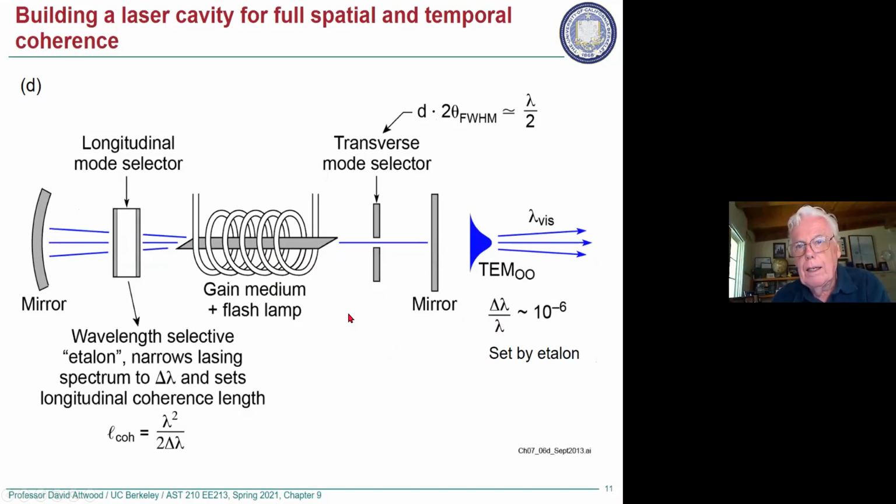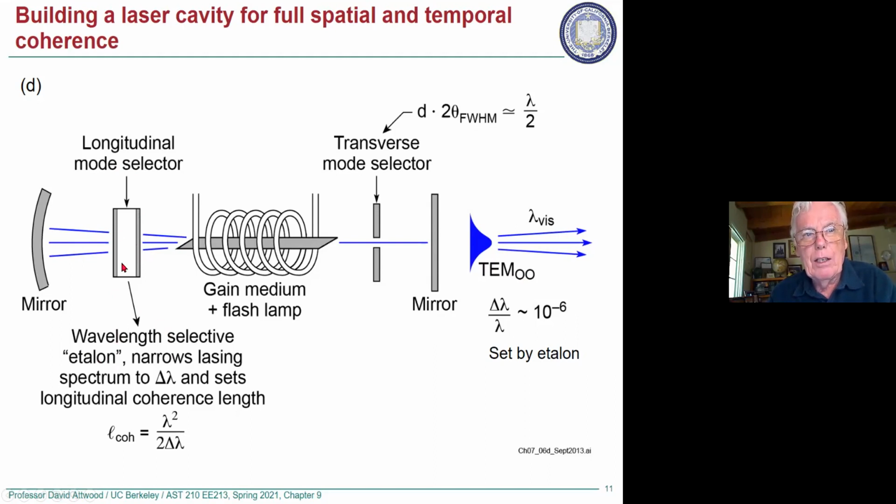Additionally, by the way, when you put the pinhole here, the near Gaussian light that comes out, we call TEM00, transverse electromagnetic mode 00. And the only thing extra that's shown here is a so-called longitudinal mode selector, sometimes called an etalon, which has two surfaces which can reflect light.